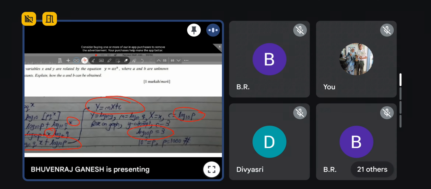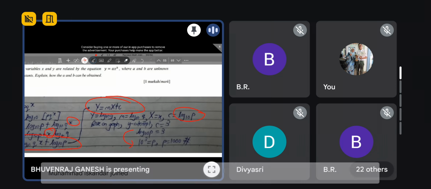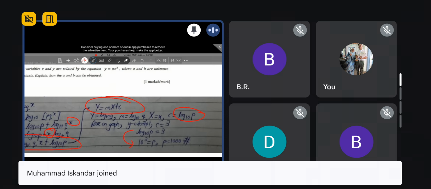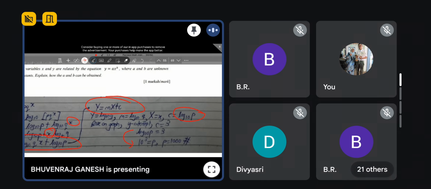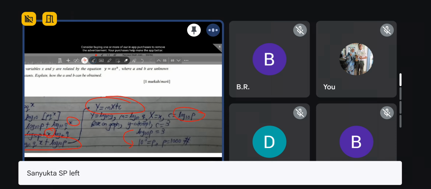So that's why we can find out P already. Sometimes some of you will be confused over here. Do you all know how to go from this part to this part, guys? Anyone have a problem? How do I get 10 power 3 equal to P? Siapa tak tahu yang ni? Anyone don't know?